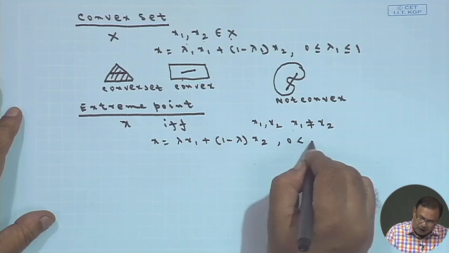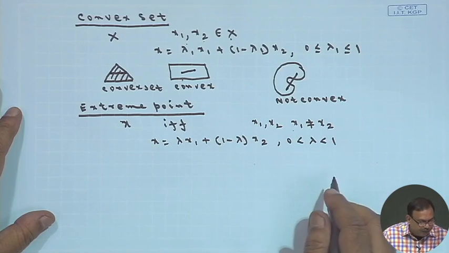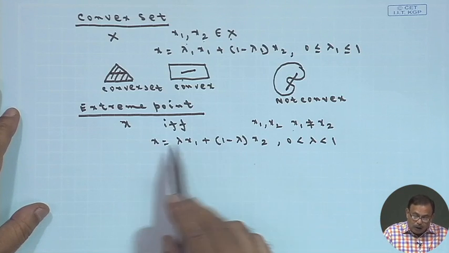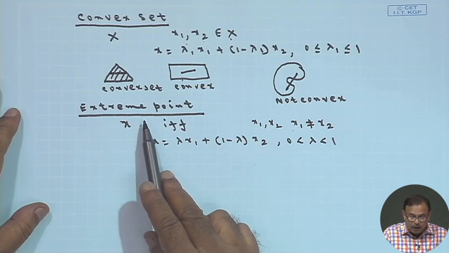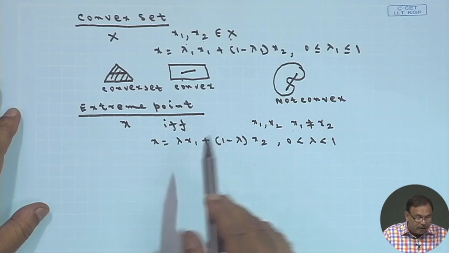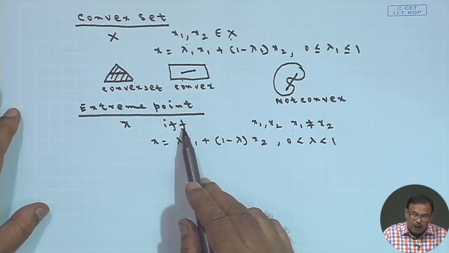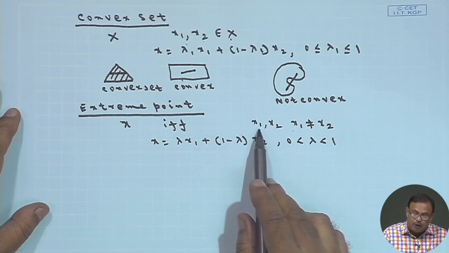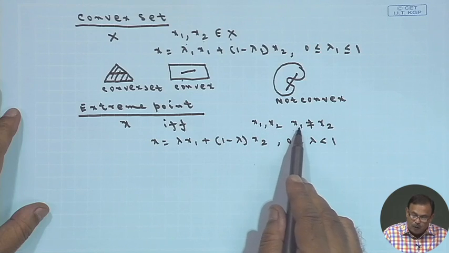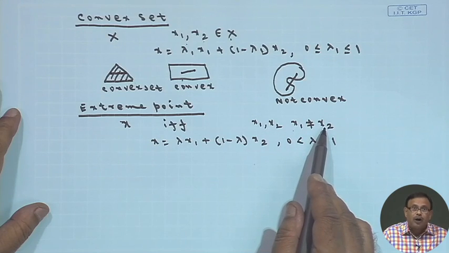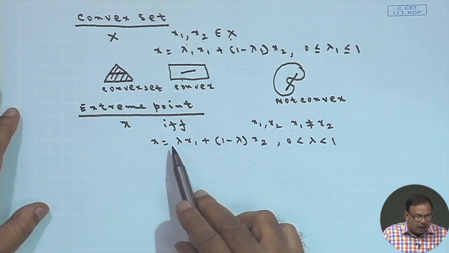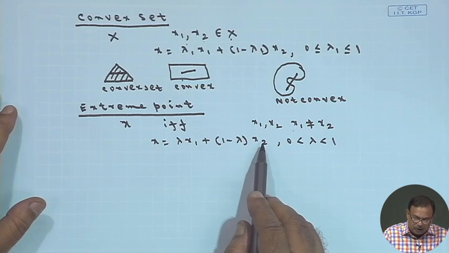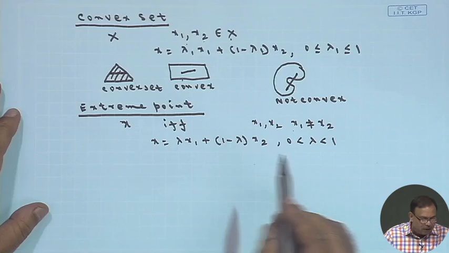That means x is not a convex combination of these two.